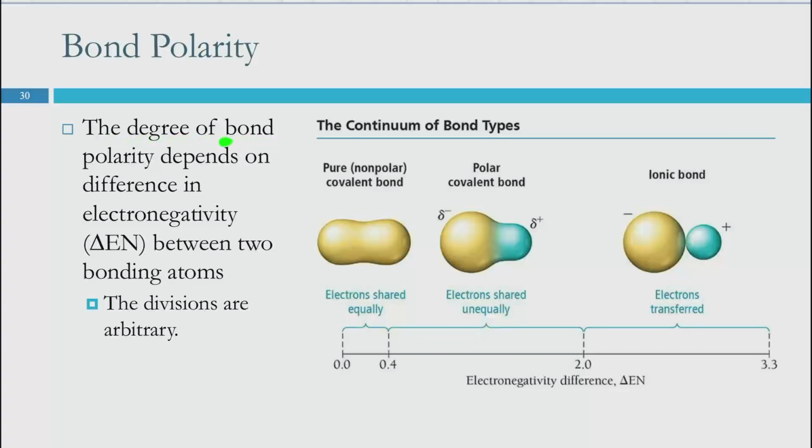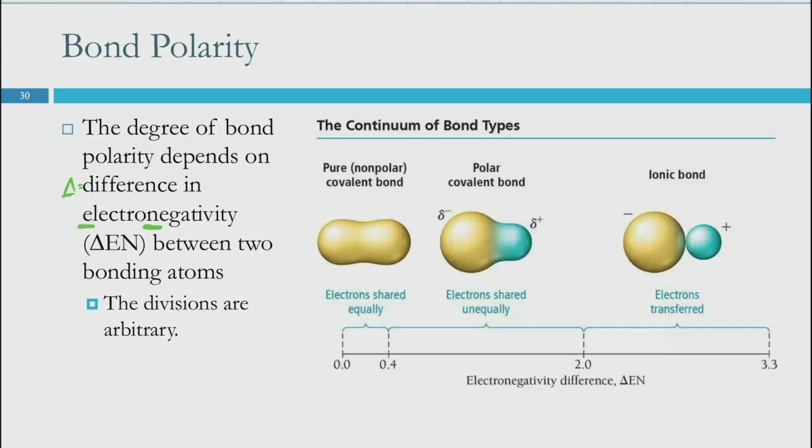The degree of bond polarity depends in part on the difference in electronegativity. Electronegativity we can abbreviate as EN, and then difference gets the delta symbol. So our difference in electronegativity between our two bonding atoms.